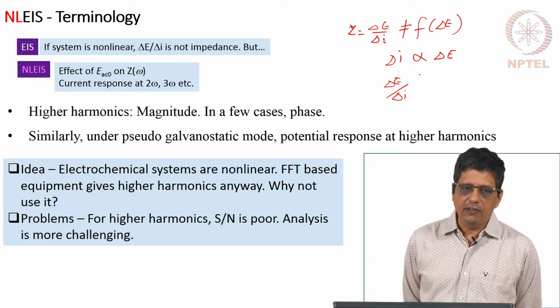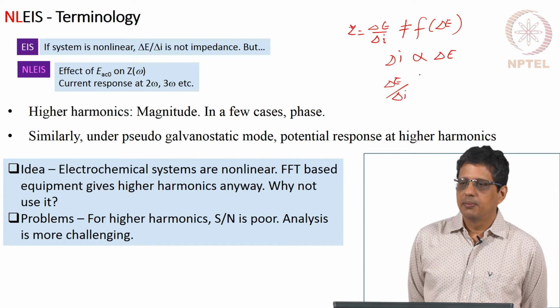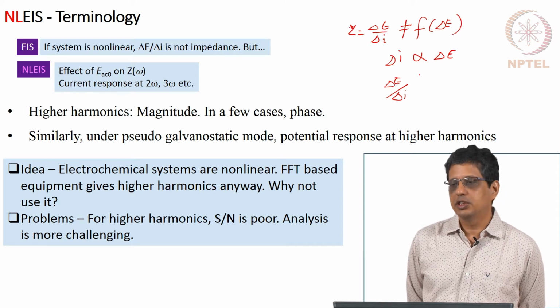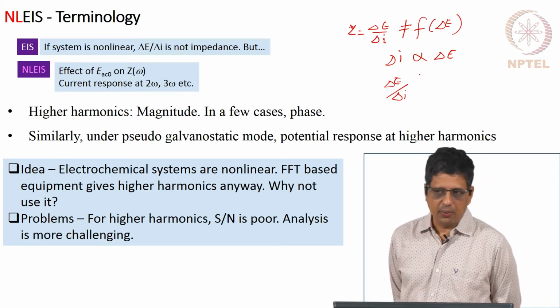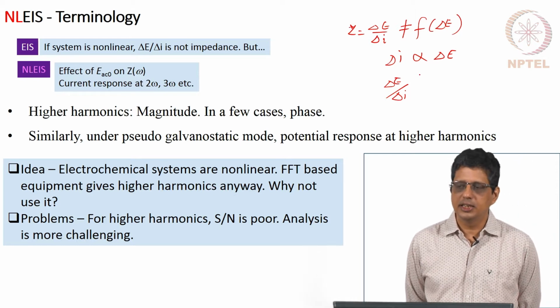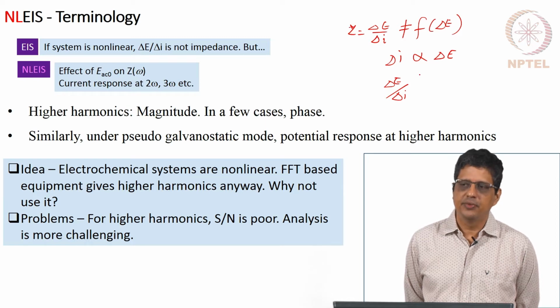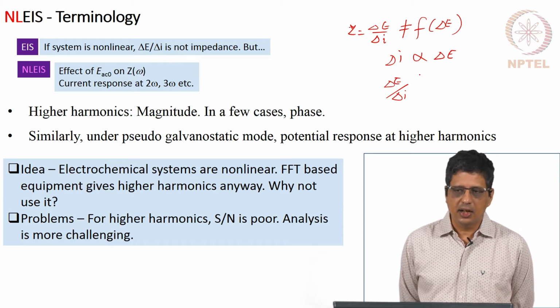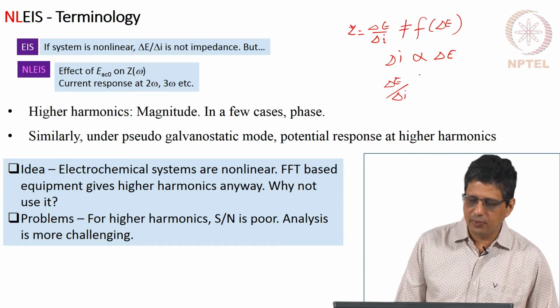So, it is not that difficult to get NLEIS data, especially at fundamental, but calculating the NLEIS response for a given model, given reaction kinetics, that is more difficult. So, experimentally acquiring data is not that difficult. If you want to acquire at higher harmonics, you need some effort, but acquiring at fundamental it is easy, but analyzing the data is harder, and that is the reason it is not seen that frequently.